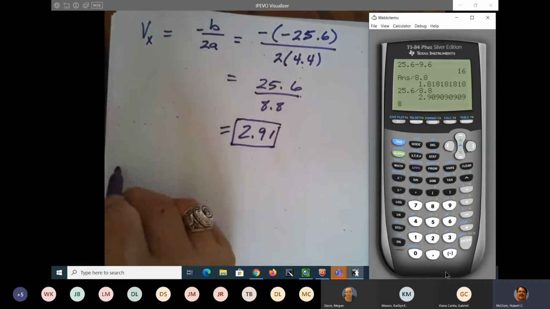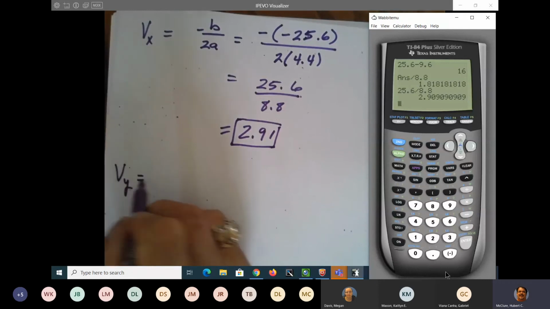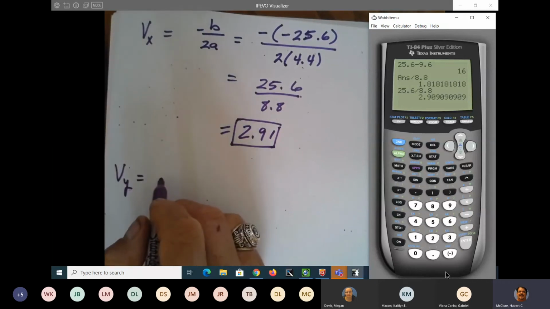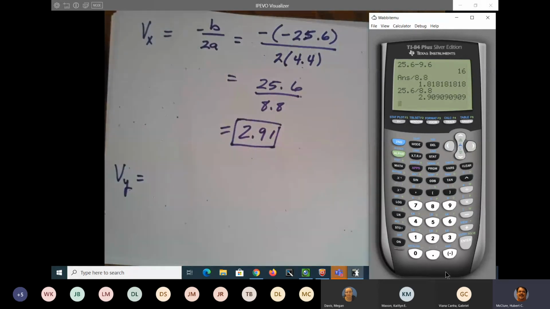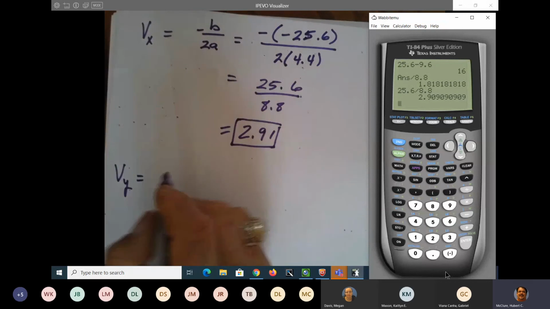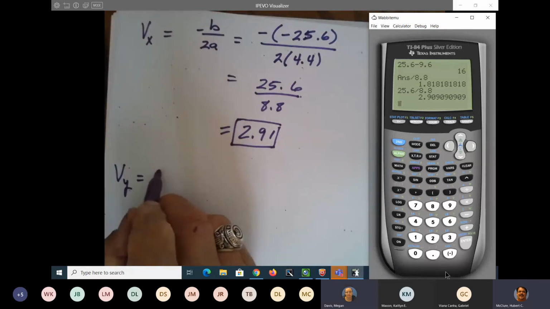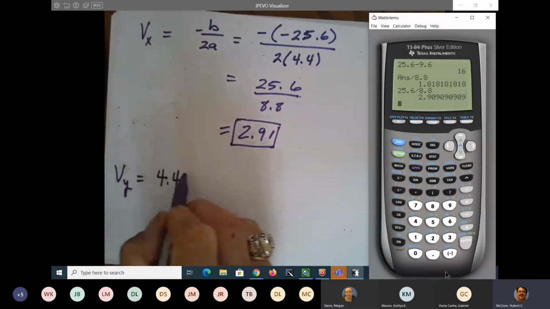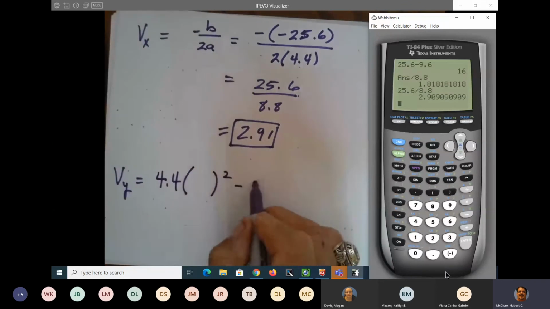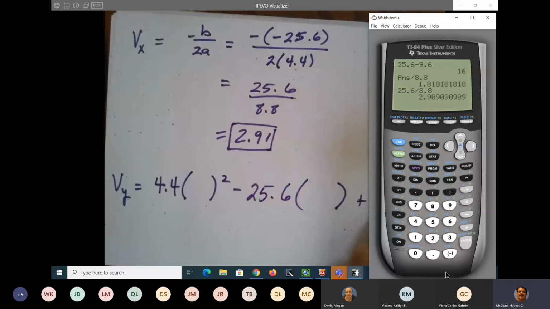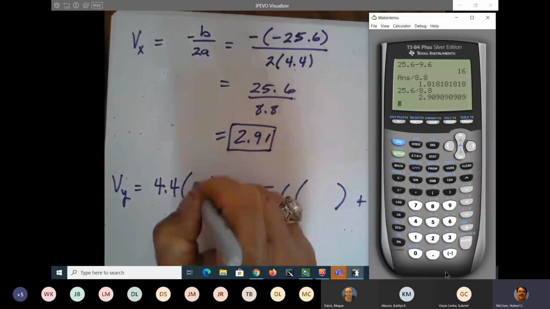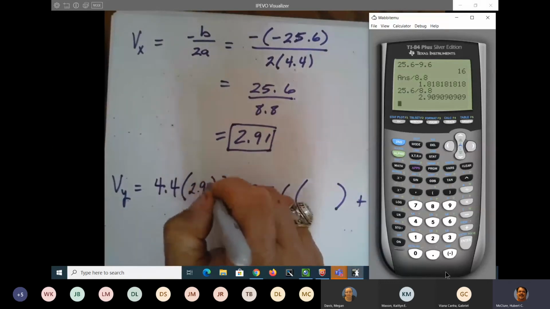Now you've got to take your original equation and plug in 2.91. This is why I don't show the quadratic formula. So 4.4 times parentheses squared minus 25.6 times parentheses plus 32, and I'm going to plug 2.91 in there.